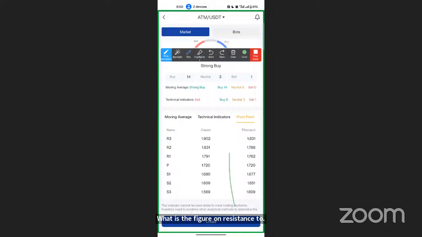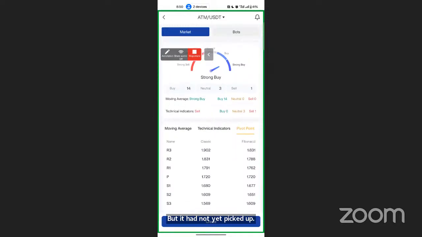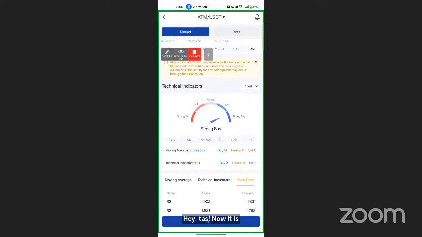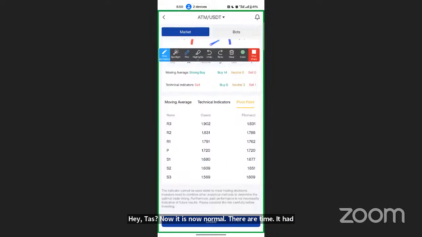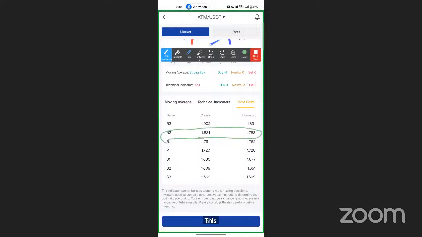Oh, it had not yet picked up. It is now normal. So let me go for resistance 2 in 1 hour.